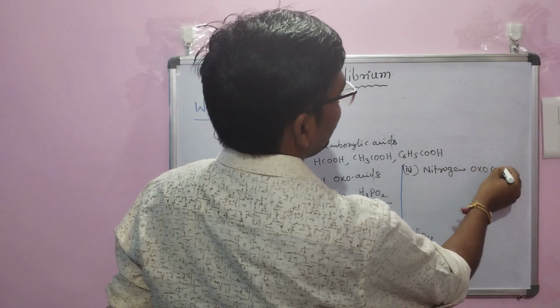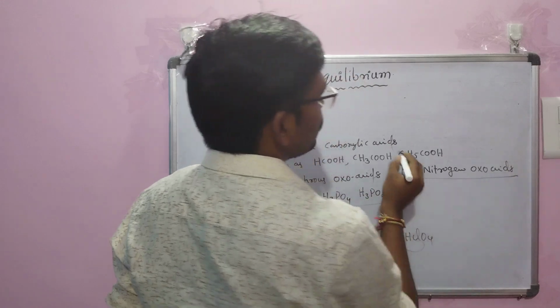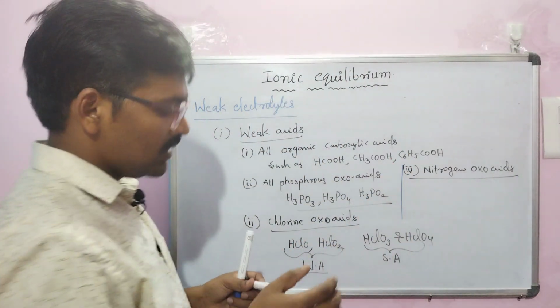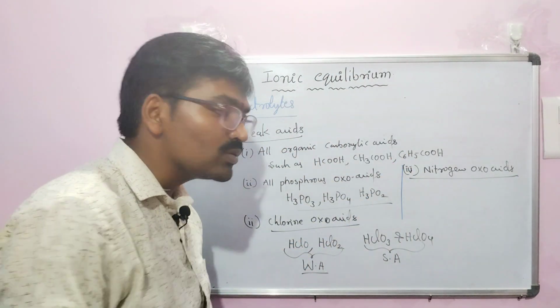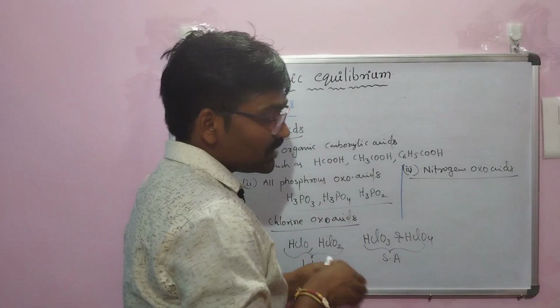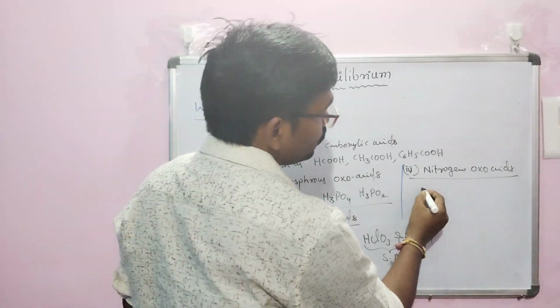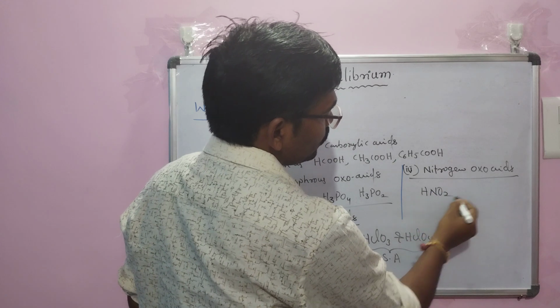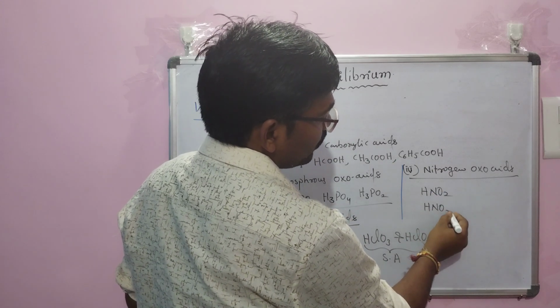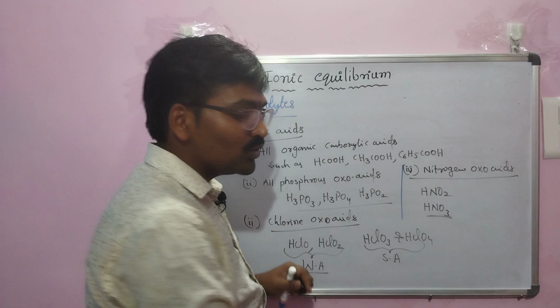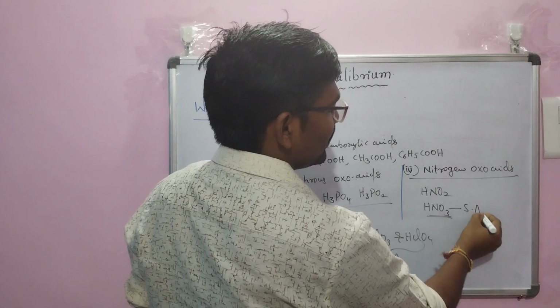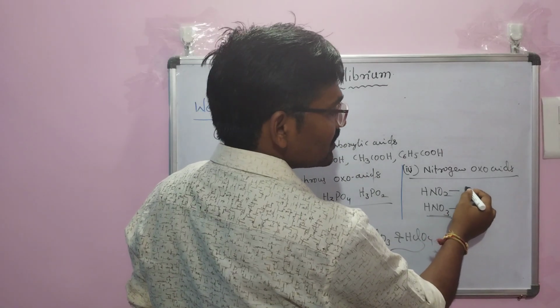Two are there, HNO2 and HNO3. We have already discussed HNO3, it is a strong acid. HNO2 is a weak acid.